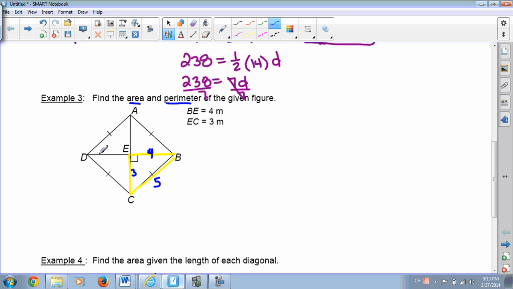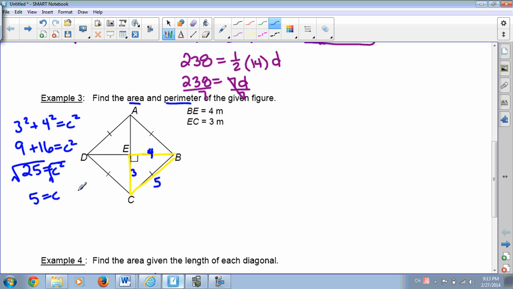If you weren't sure of that, again, you could use Pythagorean theorem. 3 squared plus 4 squared equals c squared. 3 squared is 9, plus 4 squared is 16. 9 and 16 is 25. And then you square root the 25, so c is equal to 5. That is where that came from, a 3, 4, 5 triple.